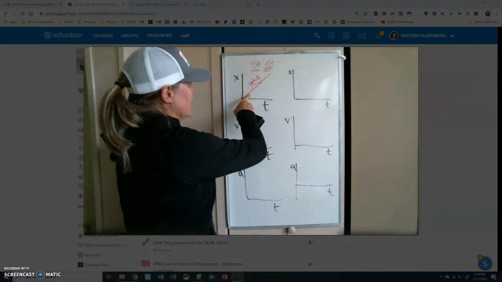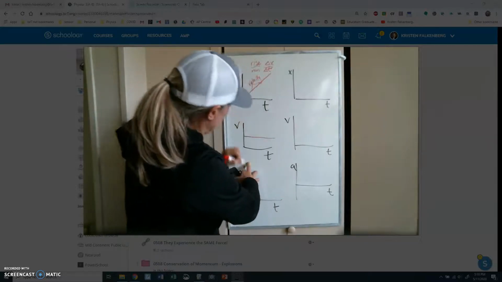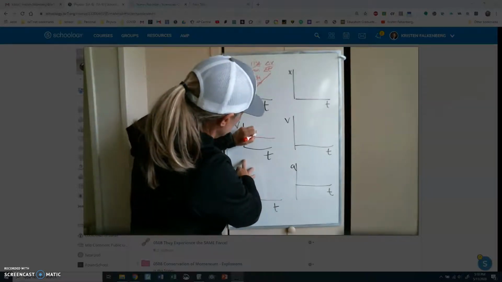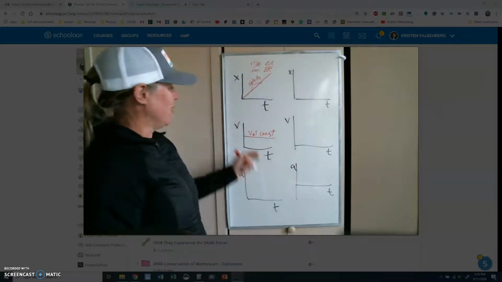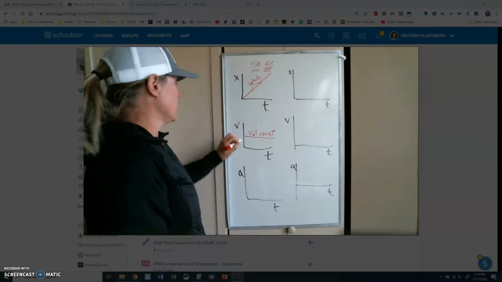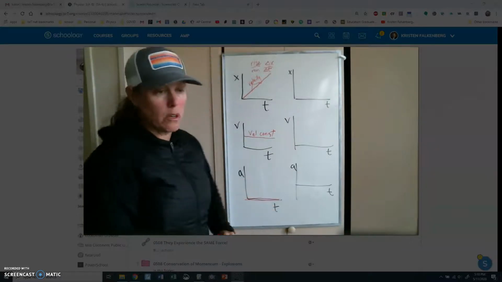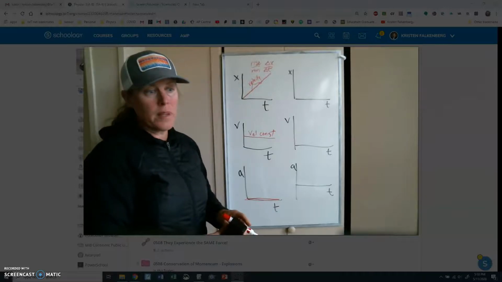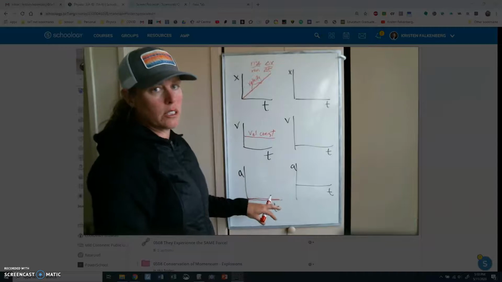And if my velocity has the same slope, it's a line, my velocity is constant, right? Now, what's the slope of this line? It's 0. This would be change of velocity over change of time, so my acceleration would be 0 meters per second squared.